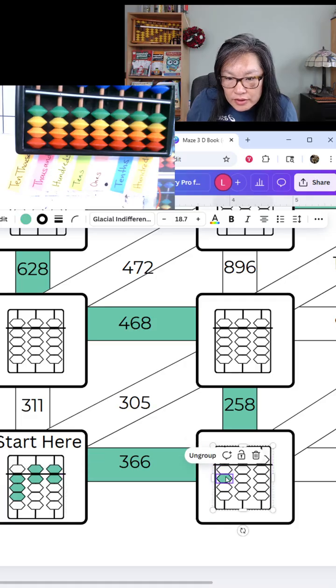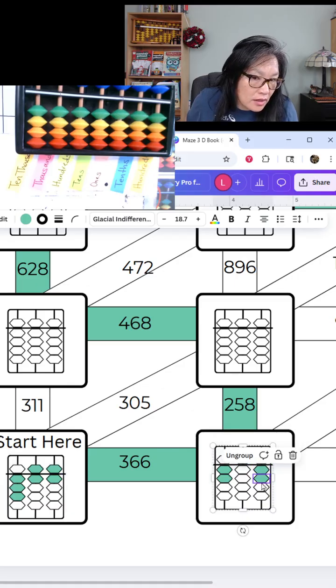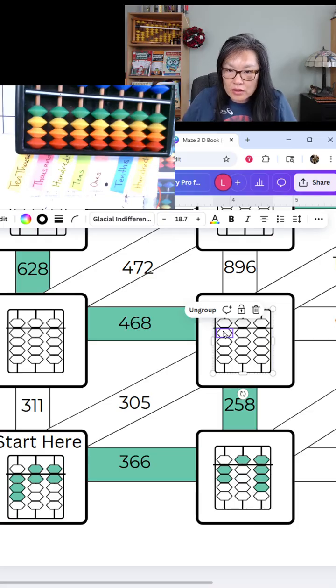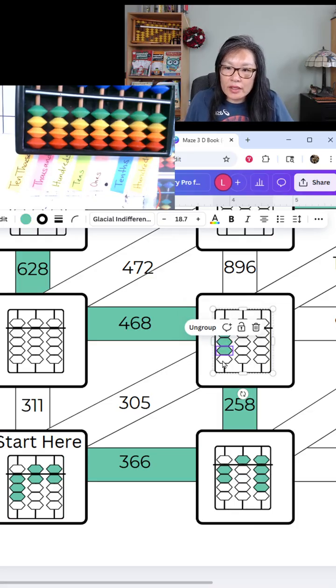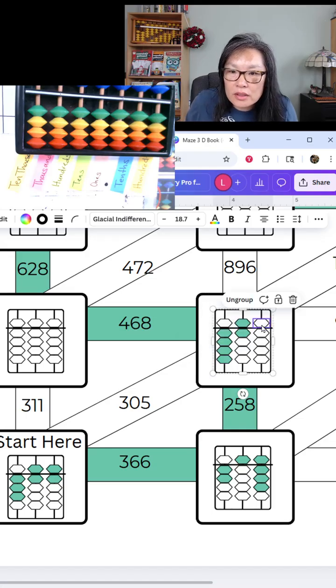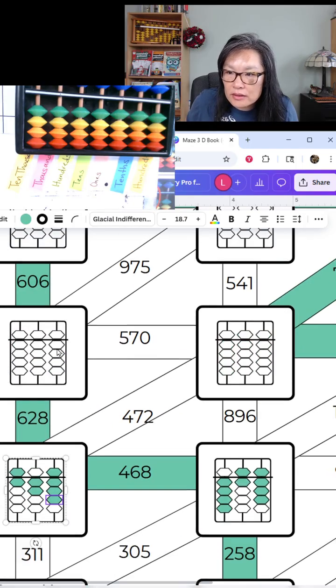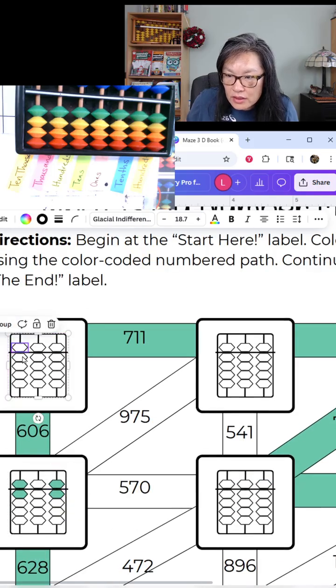This is 200, 80, 258. Right? 258. And then here is 4. 1, 2, 3, 4, 6, and then 8. And then here is 600, 20, and then 8. 600, 600, 600. And then we have 700.